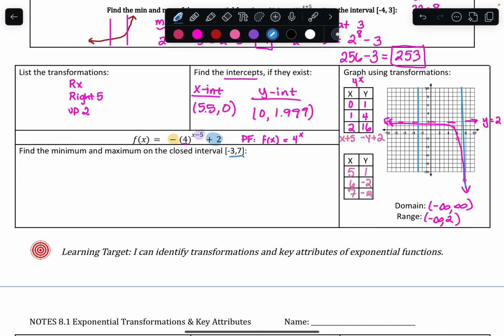We should have a maximum at the x value of -3, so we're going to plug that into our function. And we get -4 to the -8 plus 2.